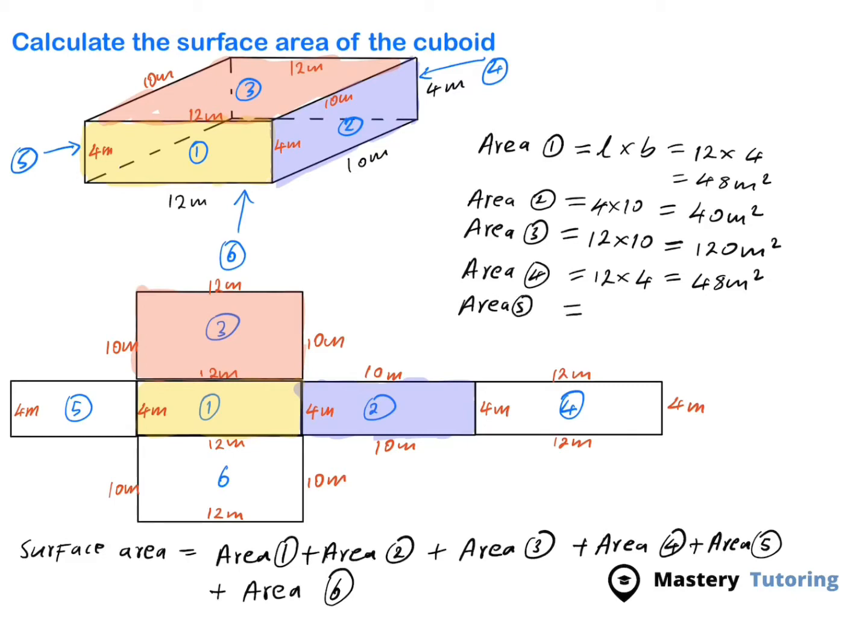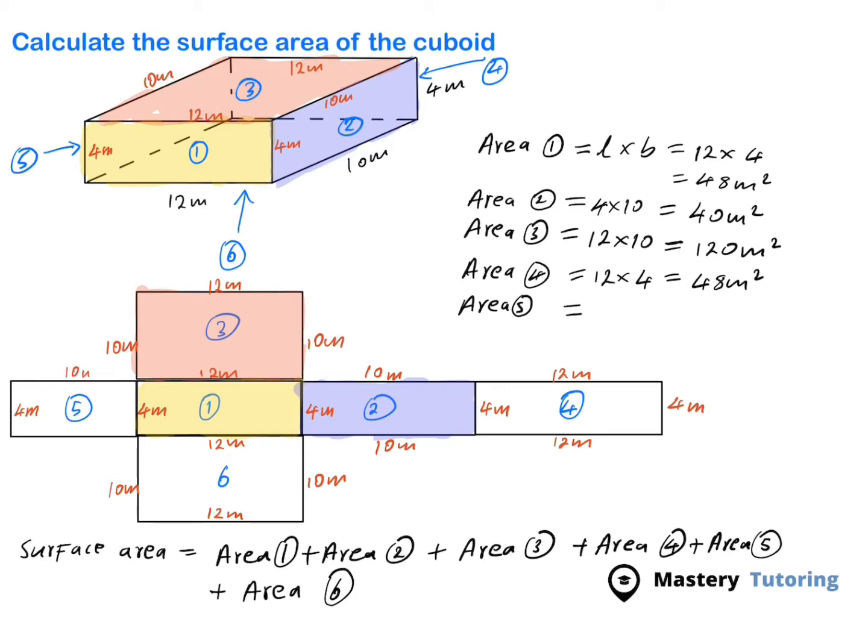And then now we calculate area 5. When we look at area 5 now, we have 4. Okay, it seems like we forgot to put in the other side. So let us put in the other side here. So area number 5, it's opposite to, or as I've already indicated here, it's going to be 4 on the sides, and there's going to be 10 on top. So this side is going to be 10.